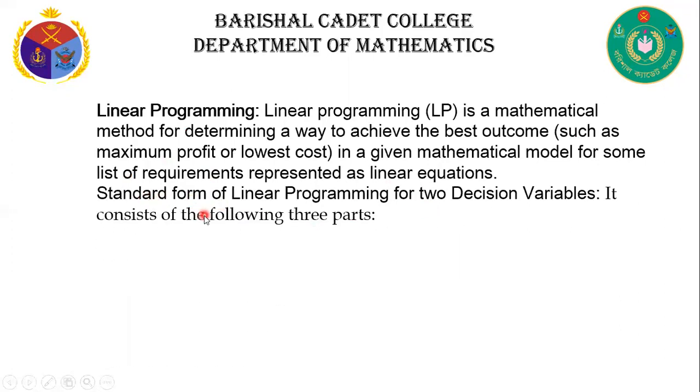Now, standard form of linear programming for two decision variables. It consists of the following three parts. First, objective function Z equals ax plus by.